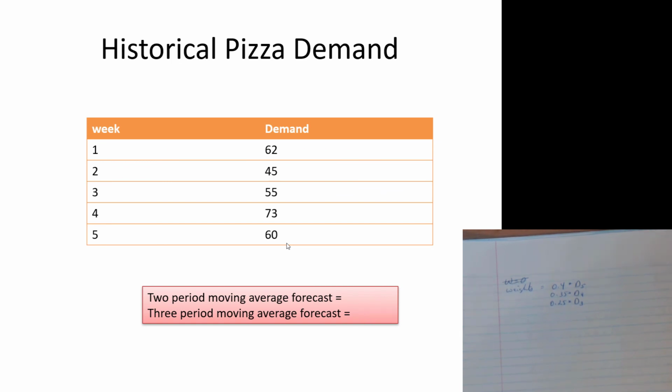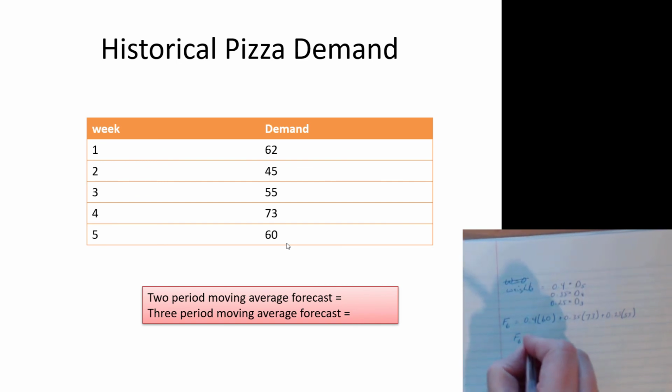Okay. So there we could kind of avoid all that nasty looking subscript stuff of the t plus 1 minus i, which gives me a headache every time I look at it as well. So our forecast for period 6 then would be 0.4 times the most recent period, which is demand for period 5, which is 60, plus 0.35 times the next most recent demand, 73, plus 0.25 times the third most recent demand, 55.